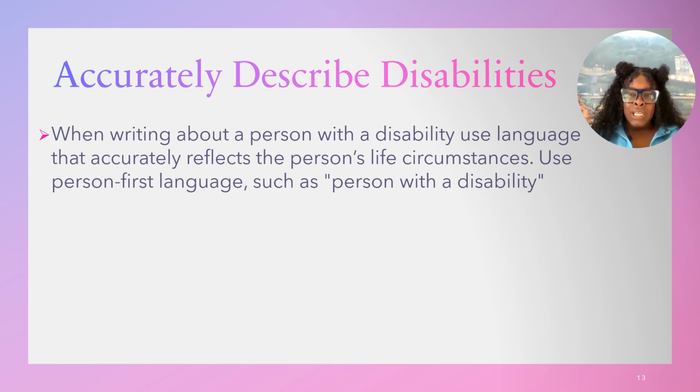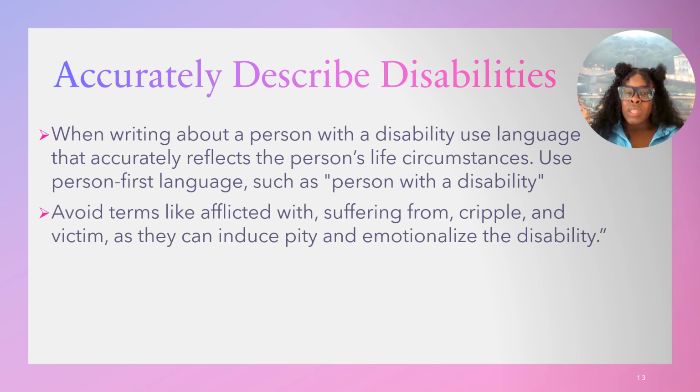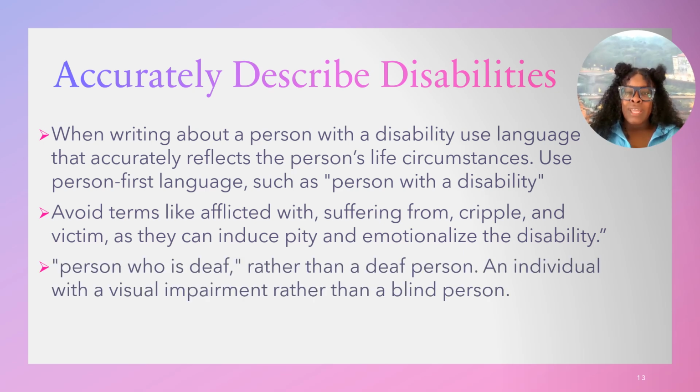Terms that have negative connotation, such as afflicted with, suffering from, cripple, or victim, can induce pity, emotionalizing the disability. Some other examples may be to say a person who is deaf instead of a deaf person, or a person with a visual impairment instead of a blind person.